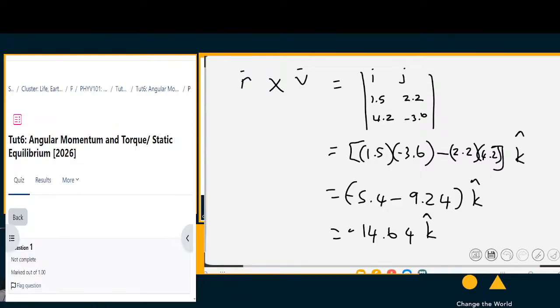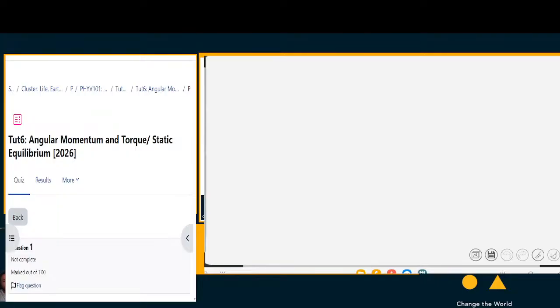Now, in order to get L, the angular momentum, you need to multiply m by r cross v.